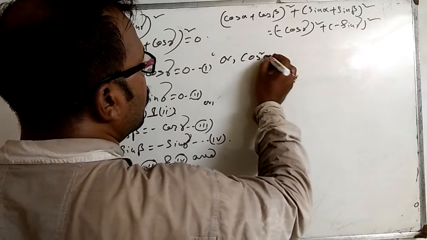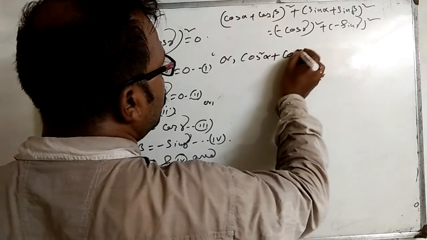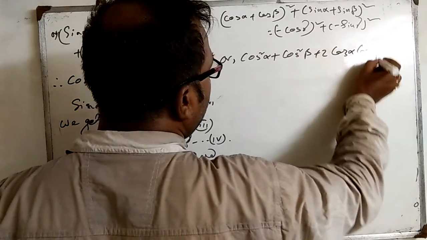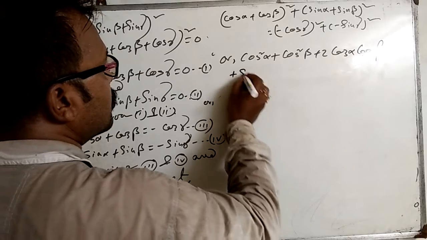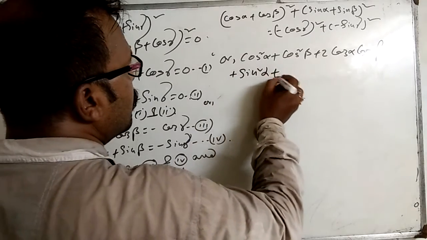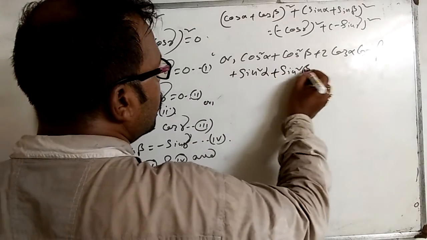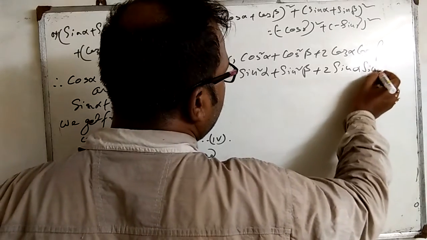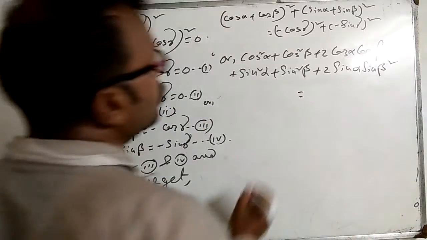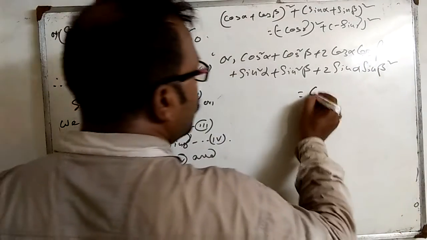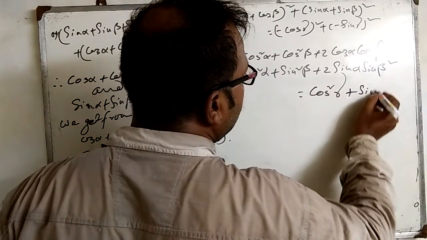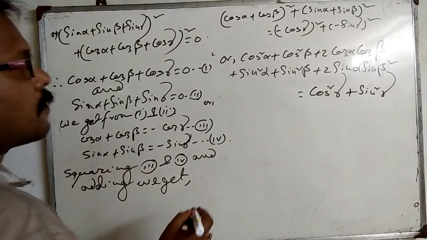Or cos square alpha plus cos square beta plus 2 cos alpha cos beta plus sin square alpha plus sin square beta plus 2 sin alpha sin beta equals to cos square gamma plus sin square gamma.